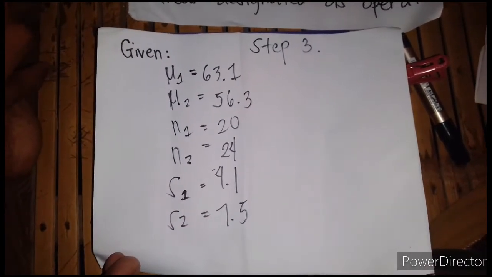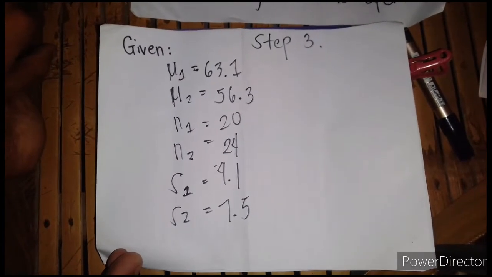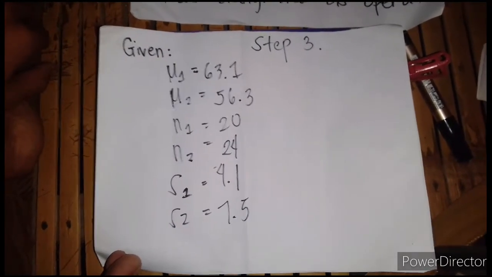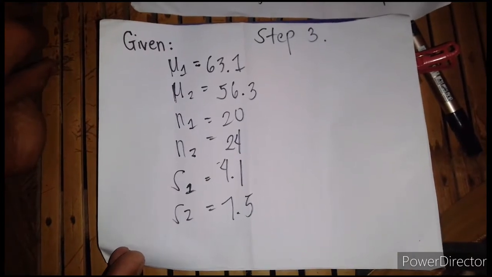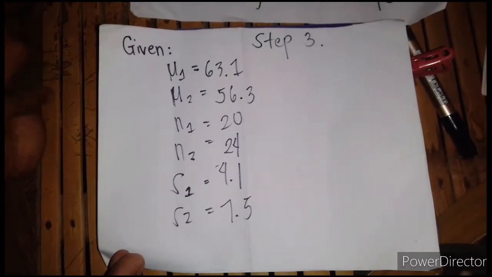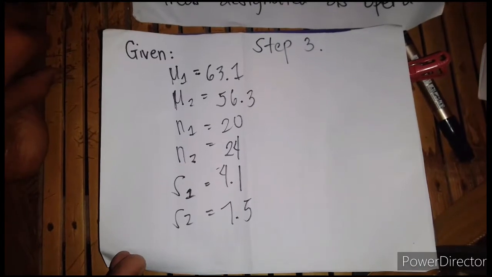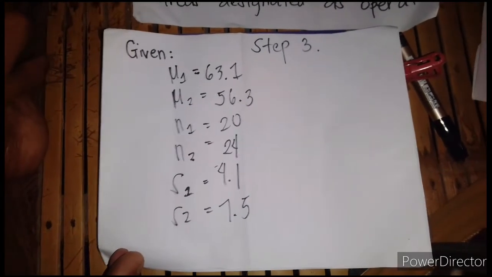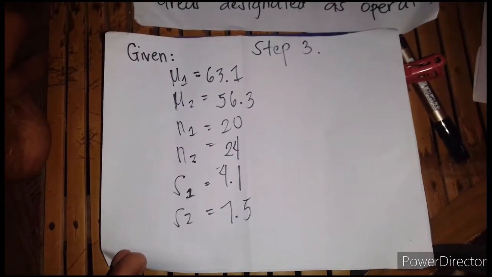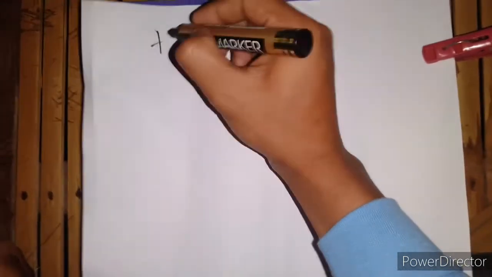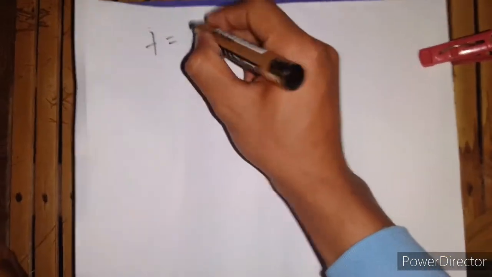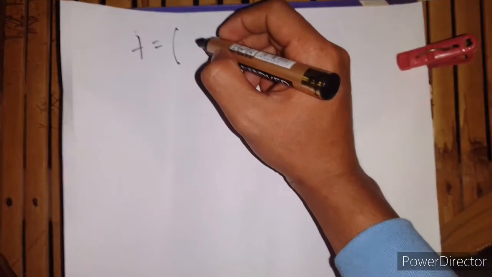Then our first standard deviation is 4.1 and our second standard deviation is 7.5 with an alpha at 0.05. Now let's substitute all the given values in the formula. So test value equals, unahin na natin ang population mean.